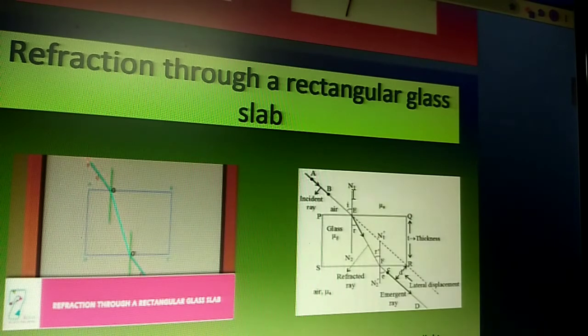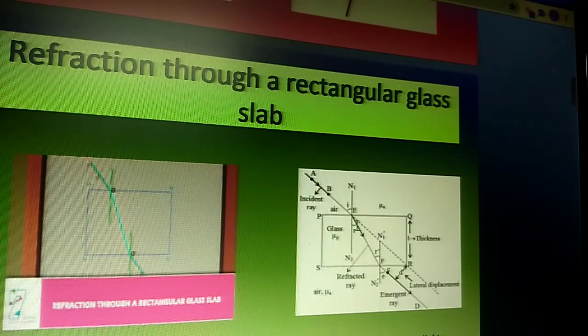Then the angle made by the incident ray with the normal is called angle of incidence, and the angle made by the refracted ray with the normal in the glass slab is known as angle of refraction.